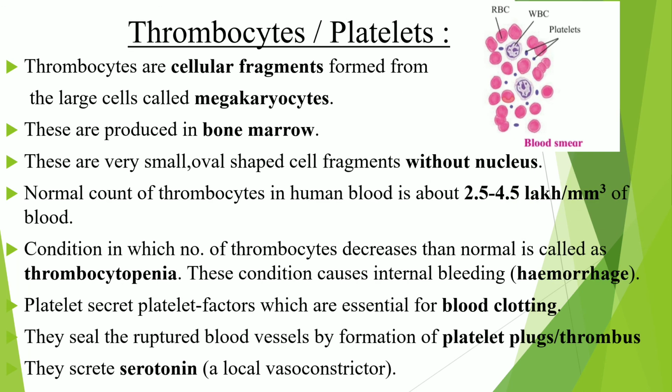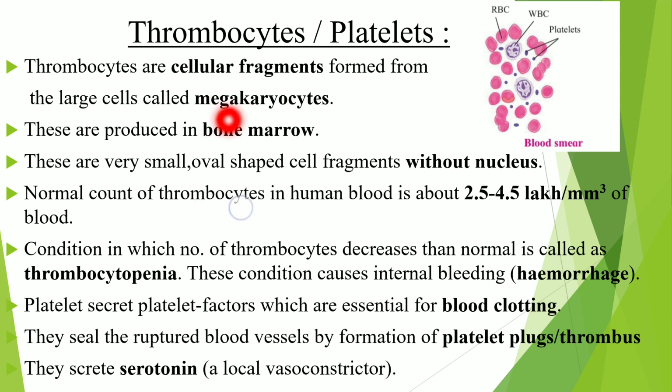Then the third type of cells present in the blood is thrombocytes, which is also called platelets. So these thrombocytes are small cellular fragments, which are formed from large cells called megakaryocytes.